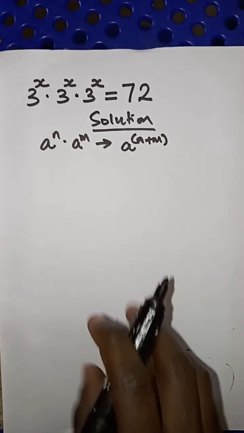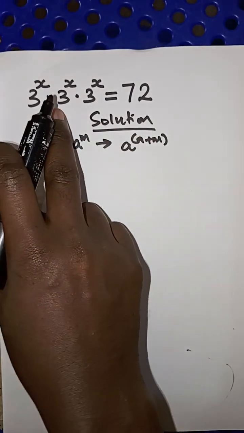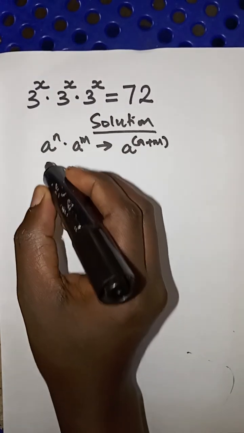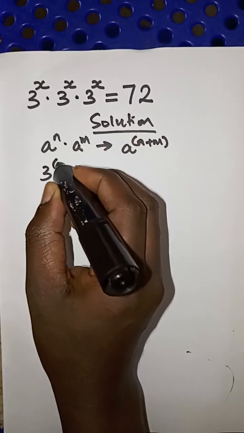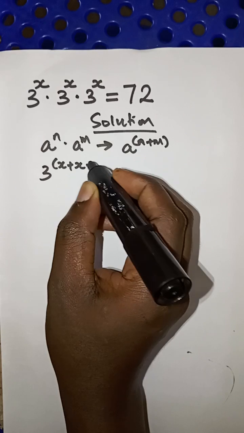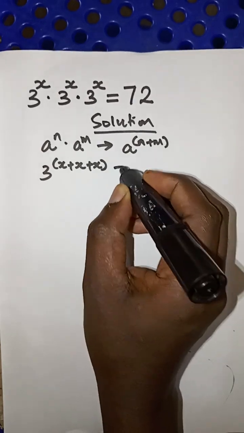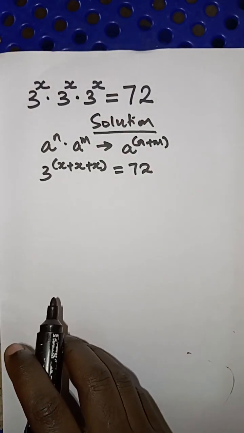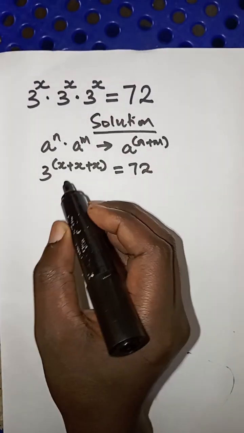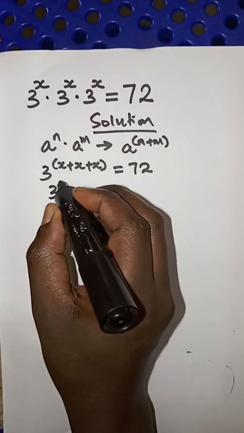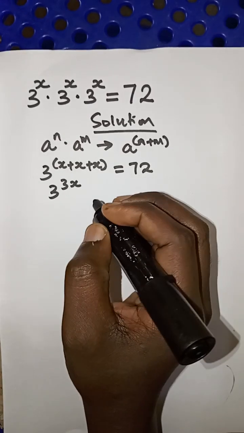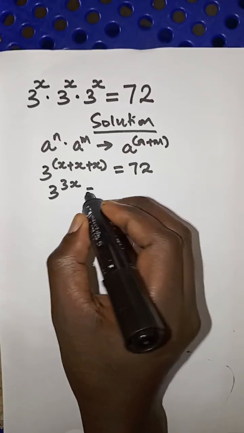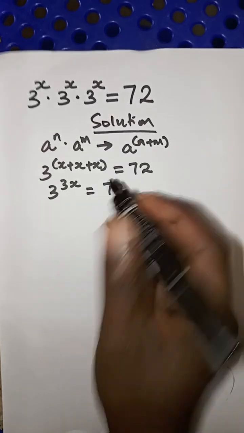Reapplying this here, I end up with 3 raised to x plus x plus x, which should give me 72. So now I have 3 raised to 3x equal to 72.